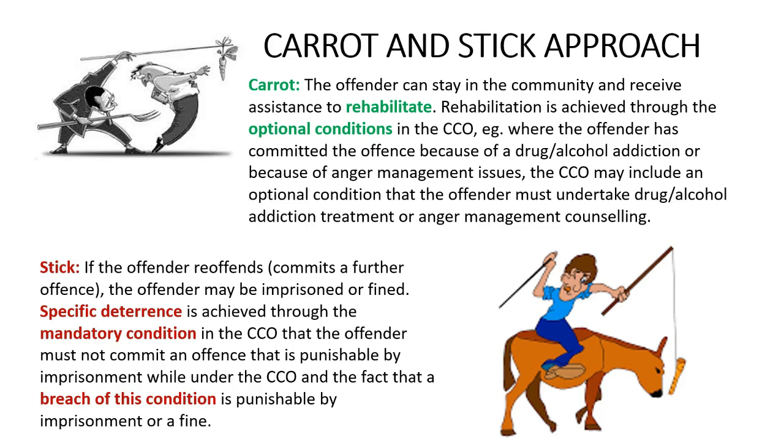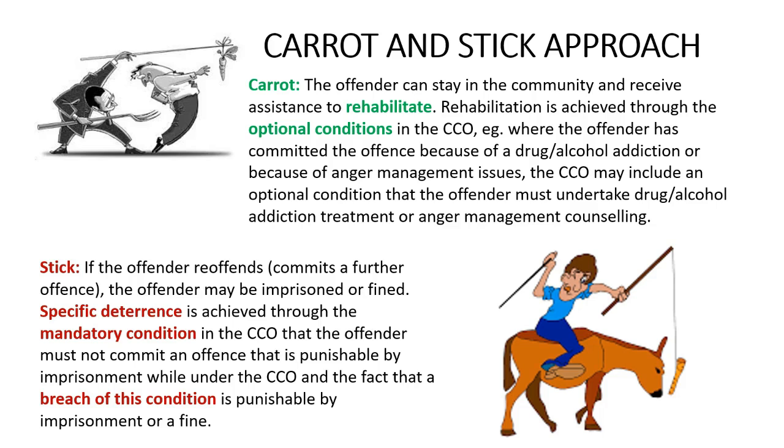In other words, if the offender does reoffend while under a community correction order, then the offender will be hit with the stick of imprisonment or a fine, in addition to whatever punishment is imposed for that offence. This is intended to achieve the purpose of specific deterrence, that is, to discourage the offender from committing further offences.